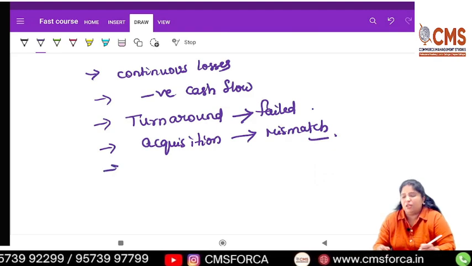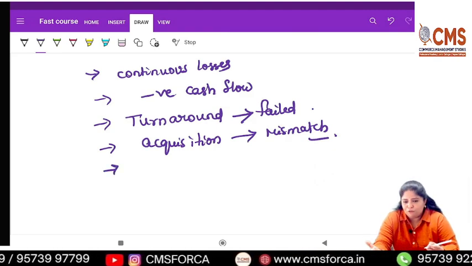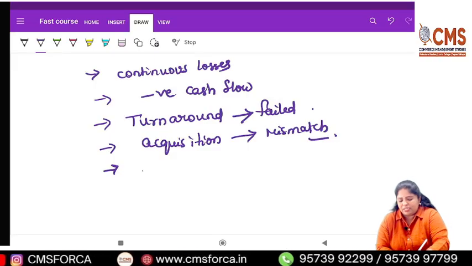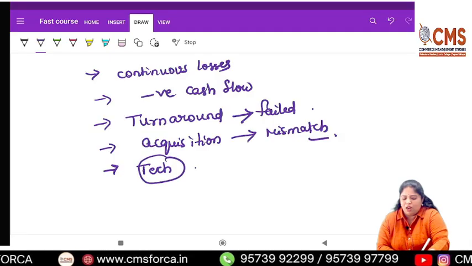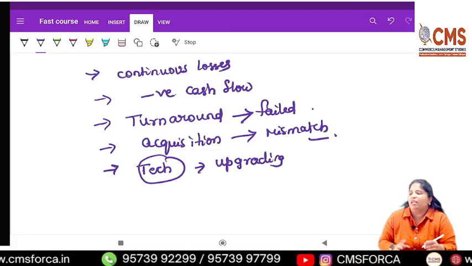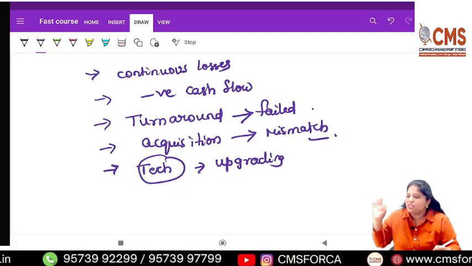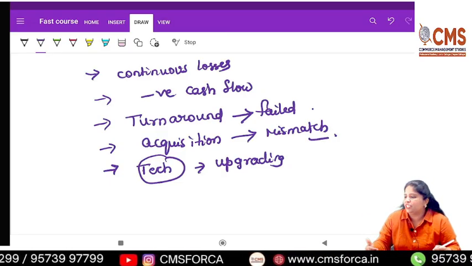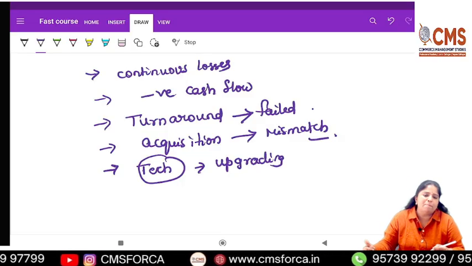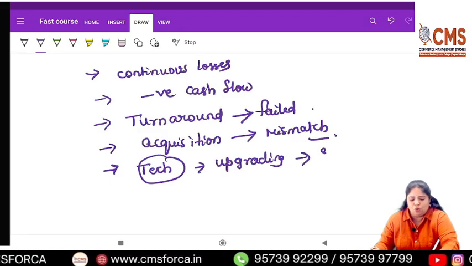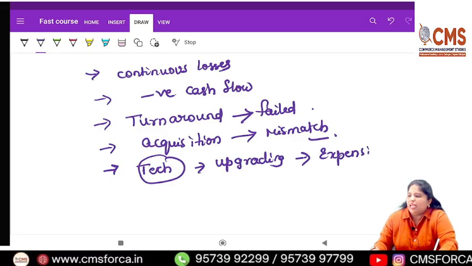The next reason why divestment can be thought of: we know that technology keeps on upgrading, and there is no option for any organization to survive in the competition without upgradation. Technological upgrades are a must, but they are very highly expensive.